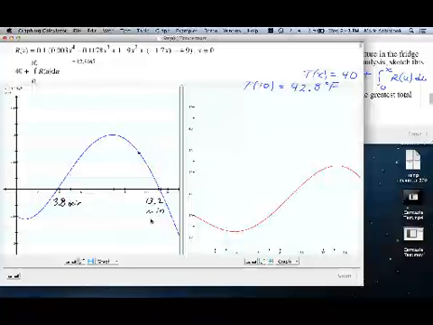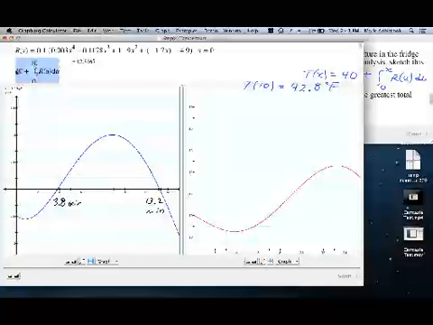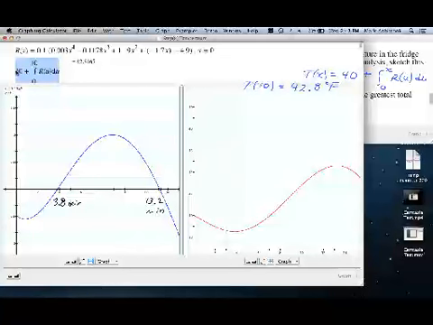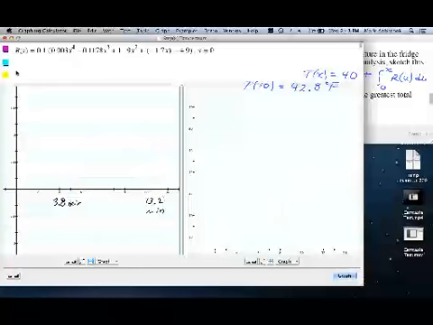Pause right here and see if you can use the graphing calculator to find that increase in temperature from 3.8 minutes to 13.2 minutes. Then unpause, and I will show you how to do it. Okay, so here we go. To get that change in temperature from 3.8 minutes to 13.2 minutes, I'm going to do the integral.